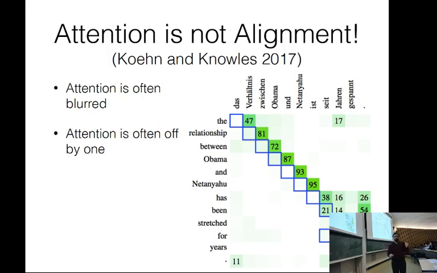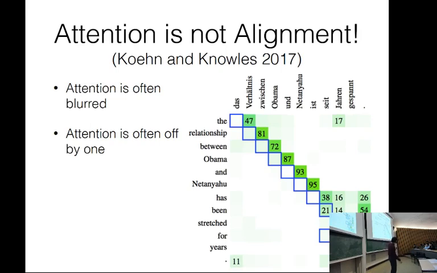And the other thing is that alignments were binary. They were 0 and 1, either between 1-to-1 words, or between 2 and 2, or 1 and 2, etc. But attention could be more blurred.